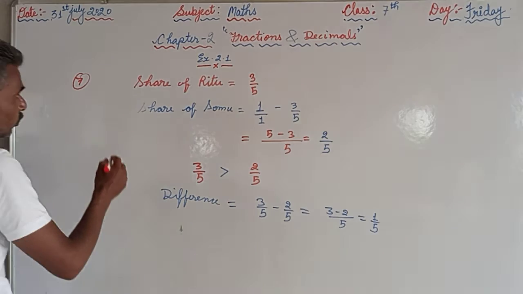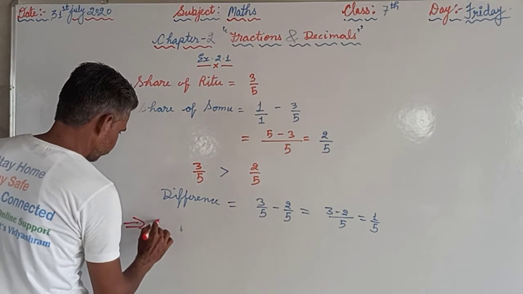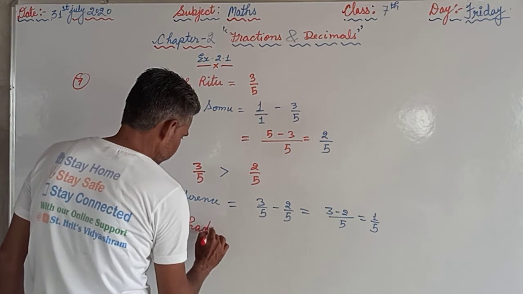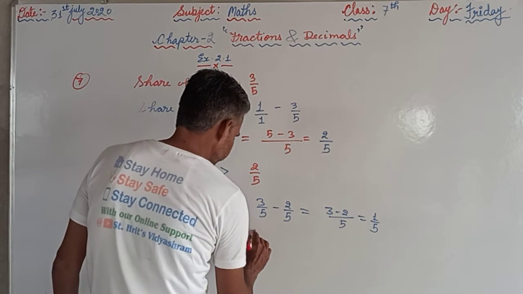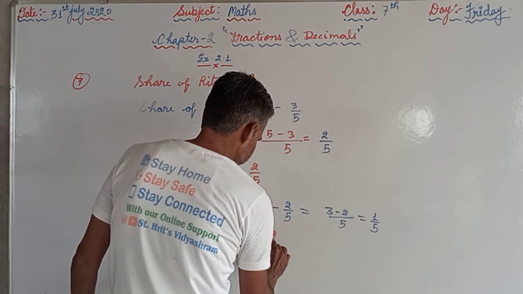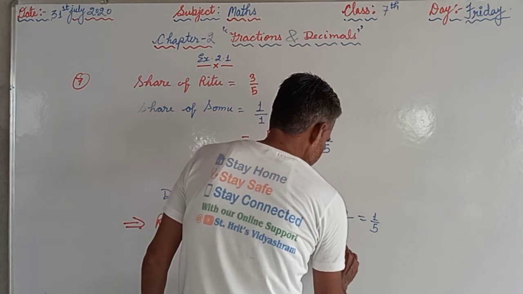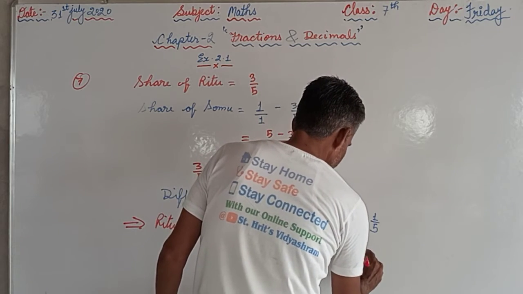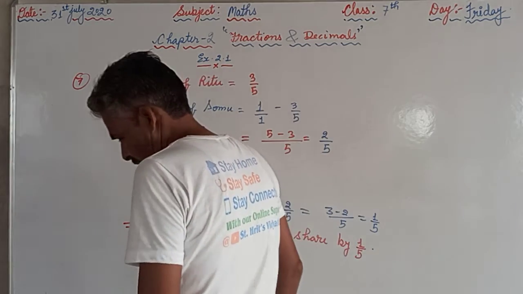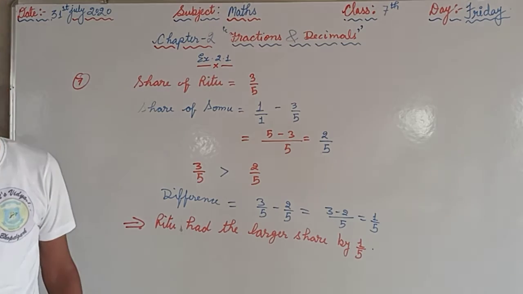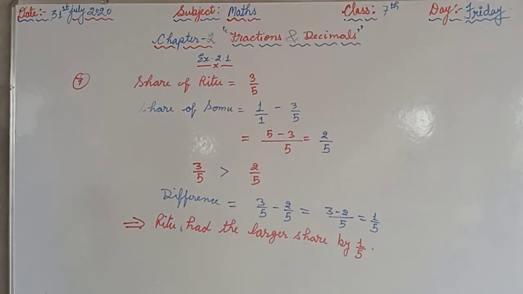So we can say Ritu had the larger share by 1/5. Means Ritu's share was more, by how much? 1/5 part. So this is question number 7.